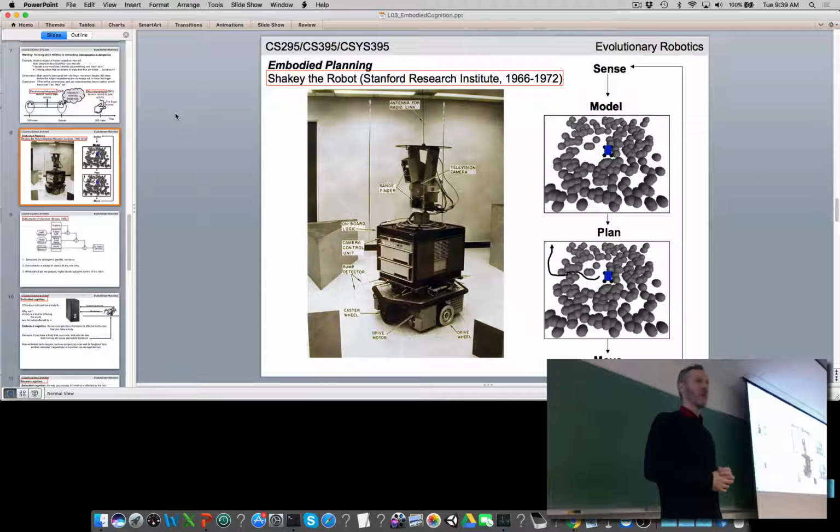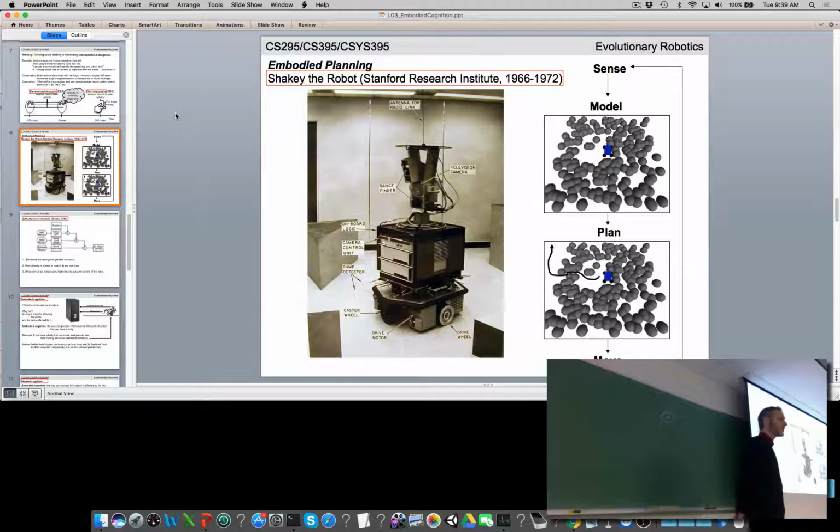It's not intelligent. Why not? What's the problem here? Shaky would get out of the room after about 2.5 days. Again, 60s technology. If you did it today, it would probably take Shaky maybe 8 hours.